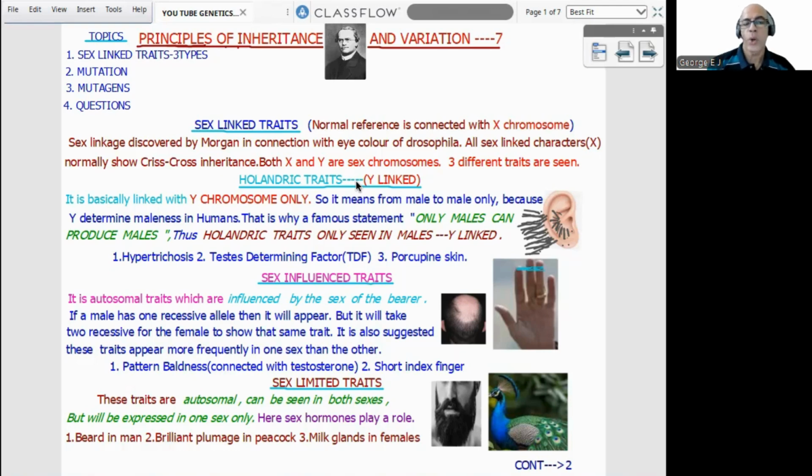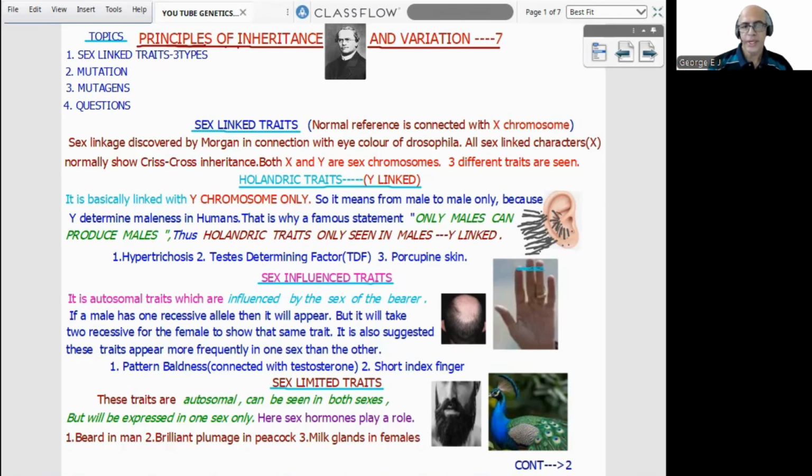First is holandric traits. Holandric traits means Y-linked, basically linked with the Y chromosome only. So the character will be inherited from male to male only, because Y determines maleness in humans. That is why you will remember the famous statement, only males can produce males.